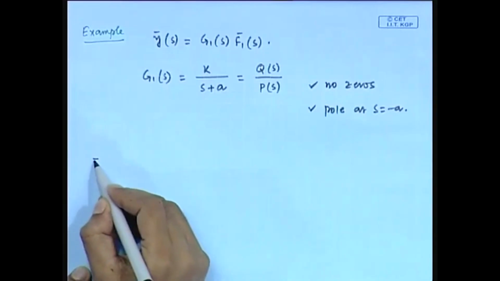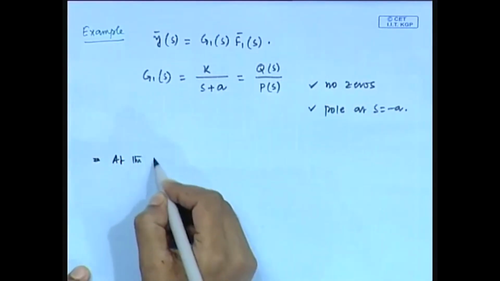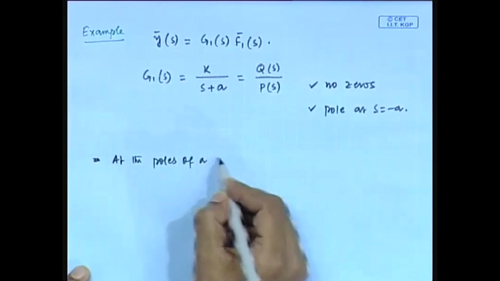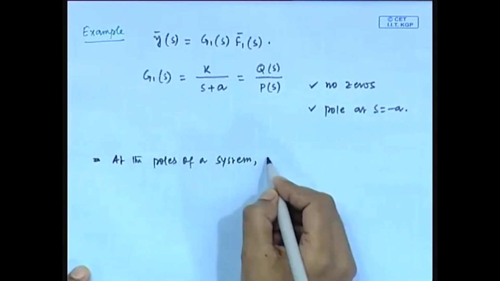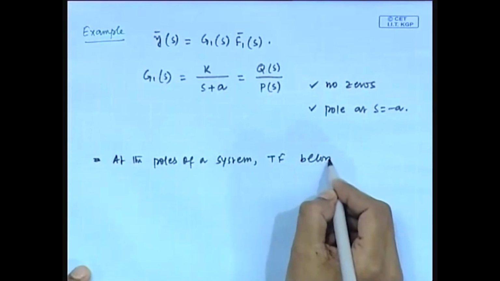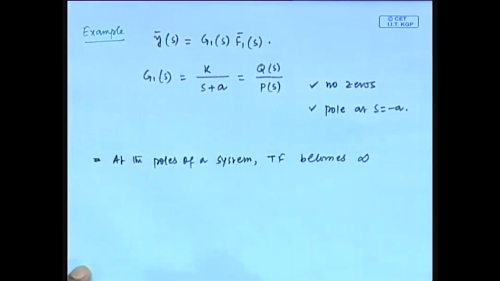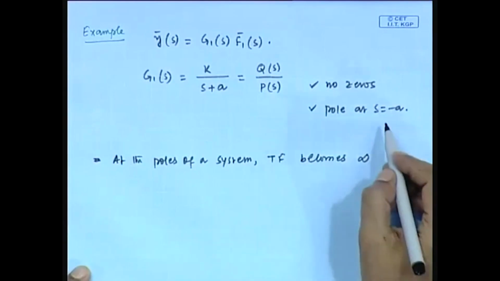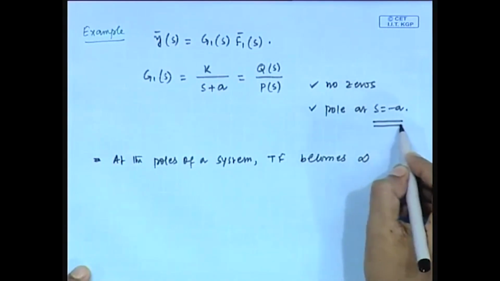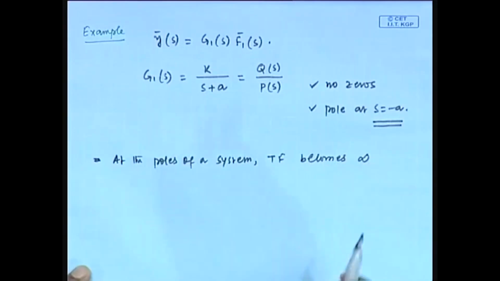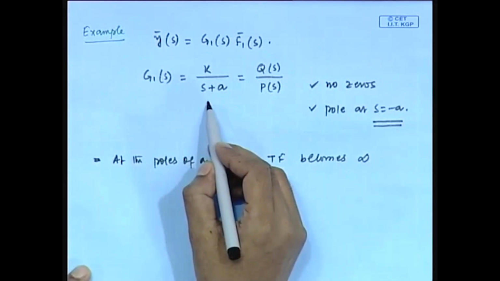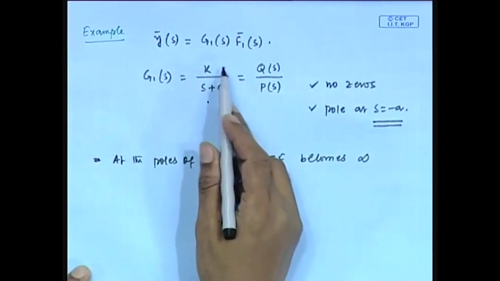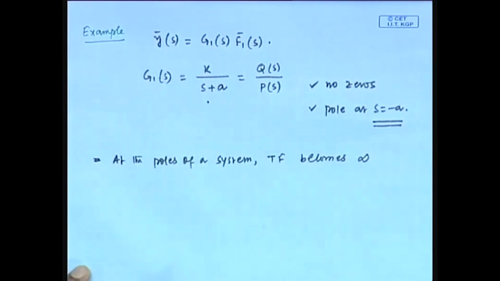Now, one point I want to mention, that is, at the poles of a system the transfer function becomes what? At the poles of a system transfer function becomes infinity. The pole for this system is at s equals to minus a. If we substitute in this equation s as minus a, the transfer function becomes infinity, is it not?